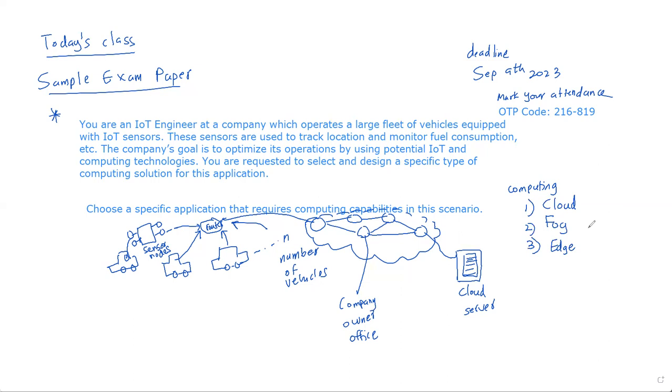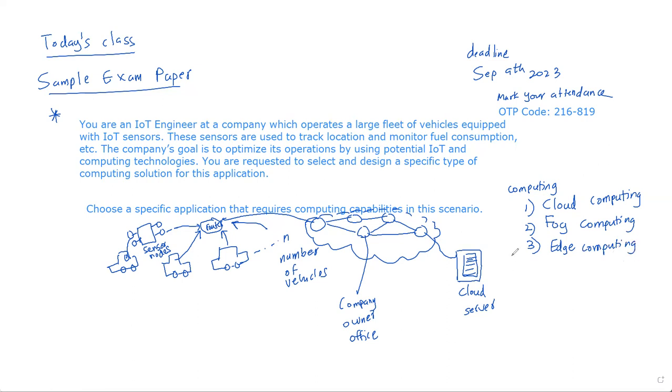Latency. I mean, yeah, latency is different based on the computing technology you choose. But more than that, what is the factor that makes them different? In edge computing, the processing is done near to the sensors.